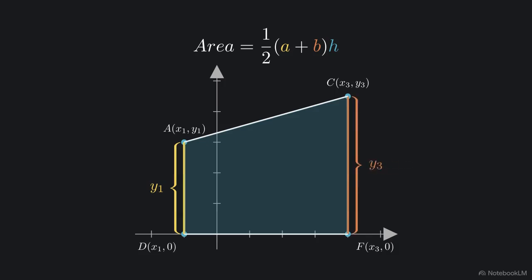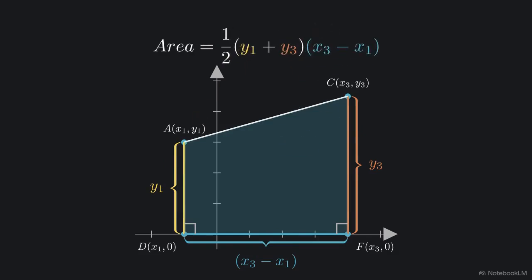Similarly, side CF's length equals the y-coordinate of vertex C, or y3. The horizontal base, segment DF, serves as the height because it is perpendicular to the vertical sides. DF's length is the difference between the x-coordinates, x3 minus x1. Substituting these values into the formula creates the first algebraic term.